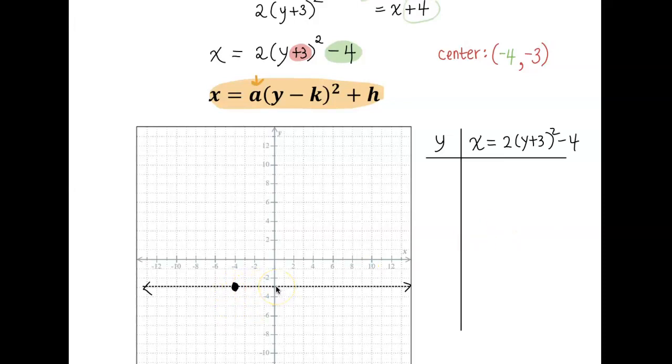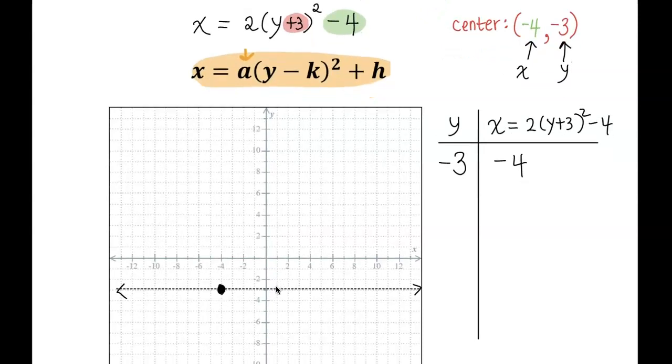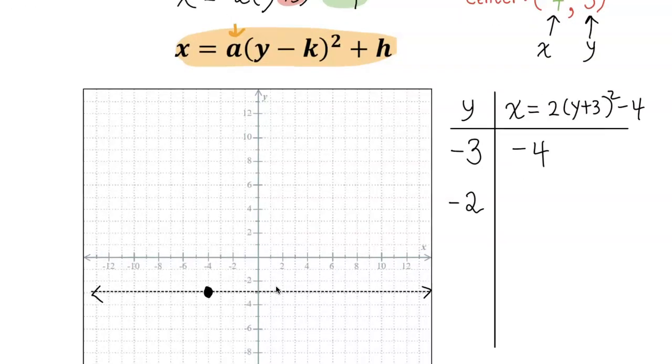When we plugged in the y value of negative 3, we know the x will be negative 4. You can confirm this. If you want to actually plug it in to see if that's true, you'll get it. Now I am going to pick another point. How about I plug in negative 2 this time? What if I plug in negative 2 for the y value?